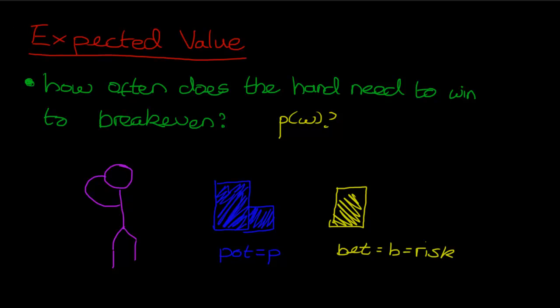Now I want to throw in a bit of odds that we did earlier. If you haven't watched it, it might be worth watching the odds video. Remember that odds are basically reward to risk. Our risk is this yellow block here.